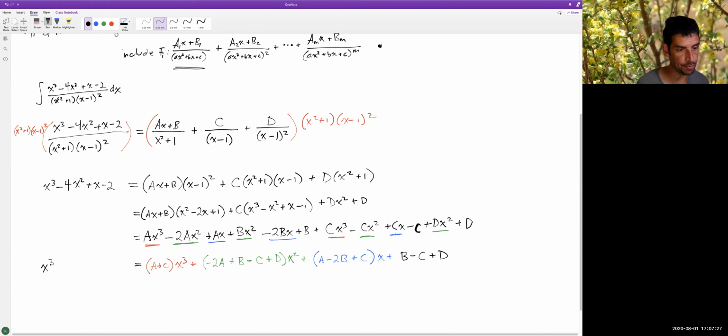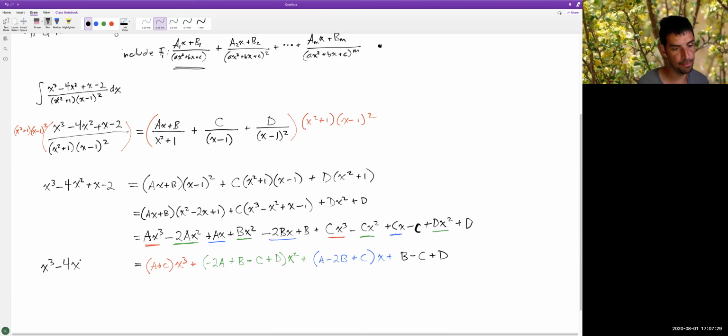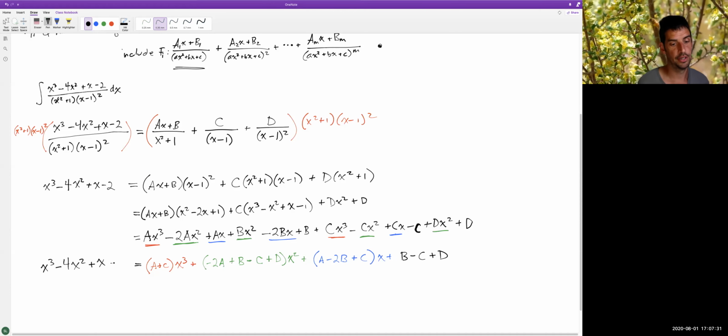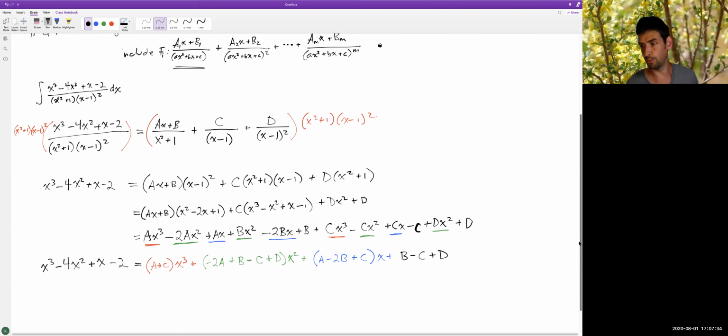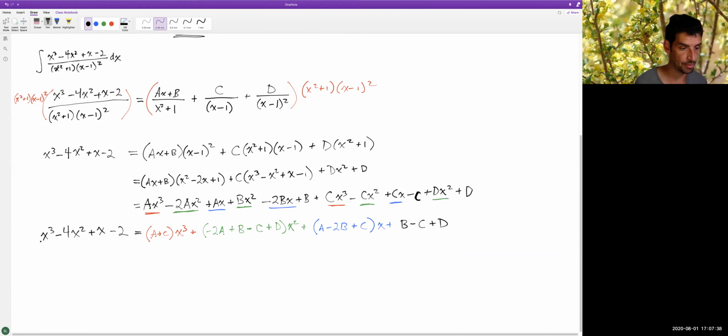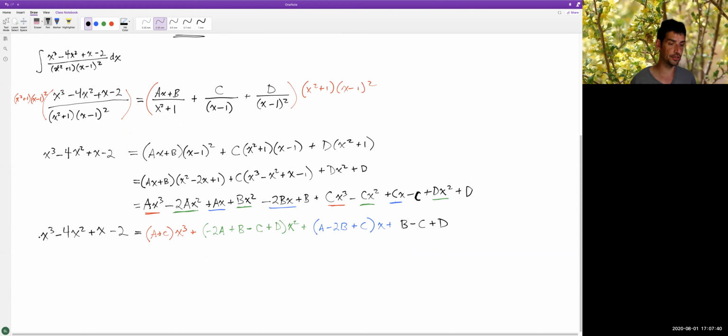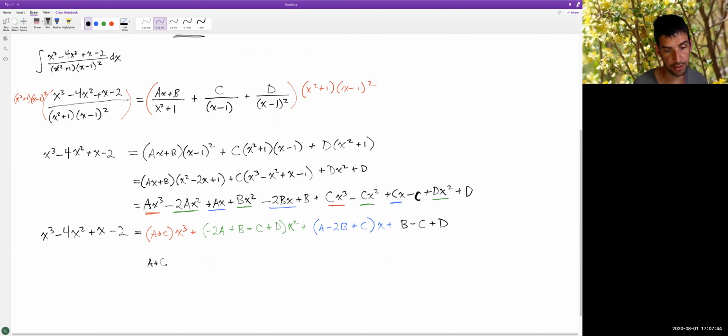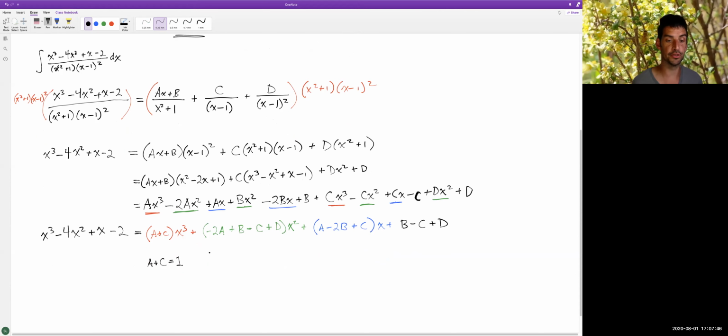And so this expression on the right, this mess of an expression, should be equivalent to what's on the left, which means the coefficients have to be equivalent. For instance, the coefficient of x cubed on the left is 1, so that means if these are going to be the same polynomials, a plus c must be equal to 1.